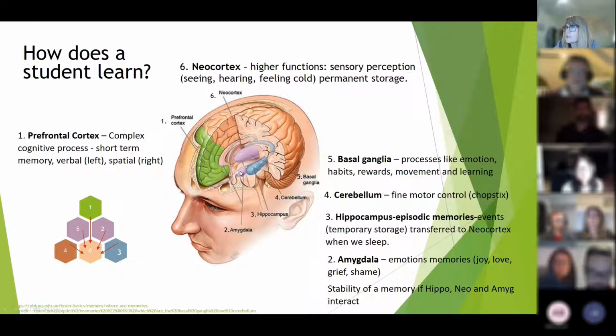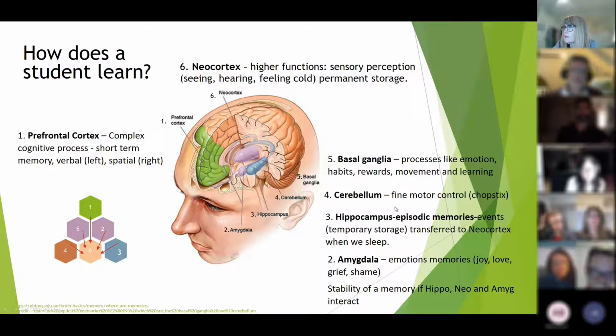So if one brings in interesting, enjoyable, fun, love, sometimes even grief and shame, this is where they are recognized. They are not yet in a deeper memory, but they are observed from here. And then you've got the hippocampus, which is where your episodic memories are. So this is where your temporary storage is. So from there, it would move into the temporary storage.